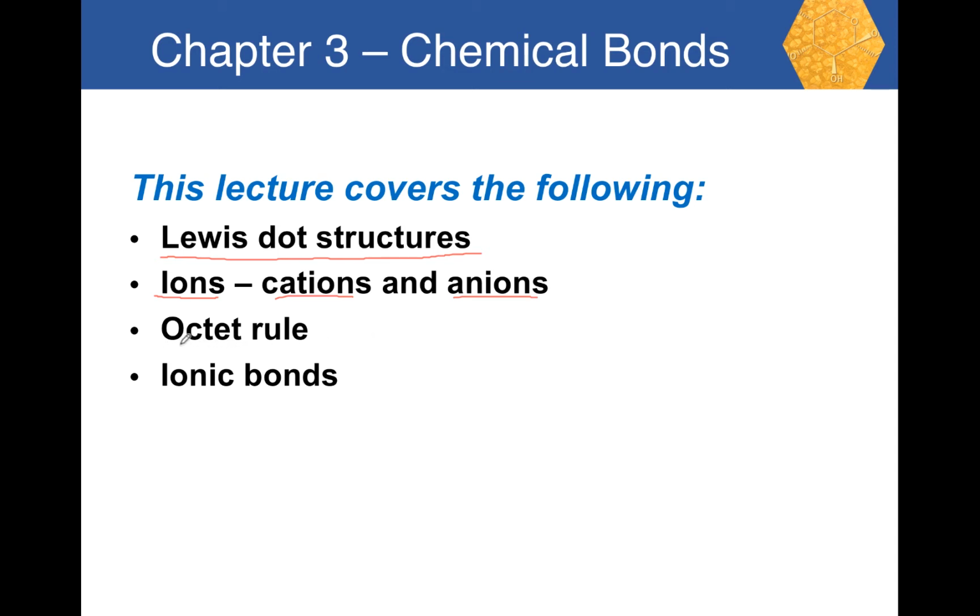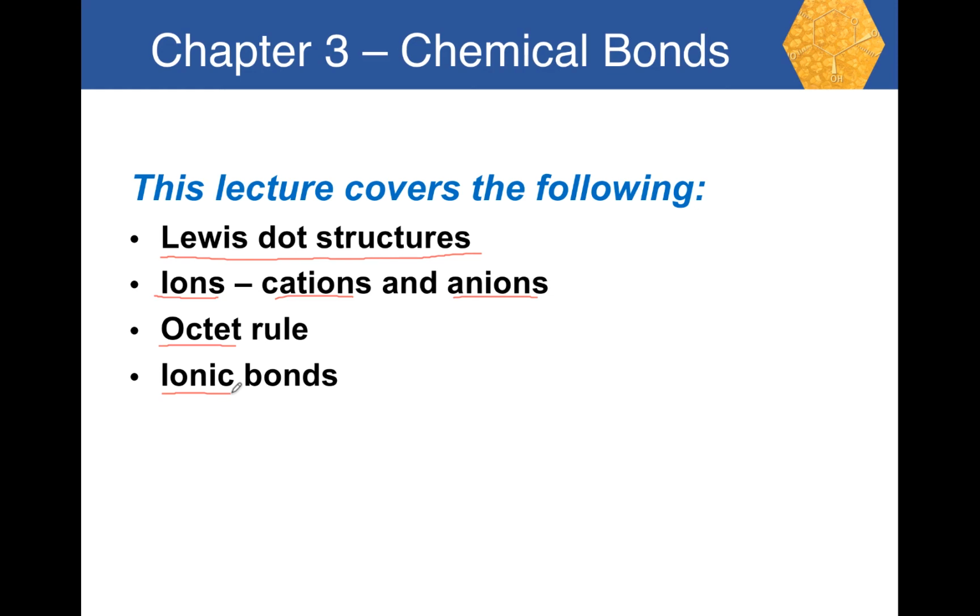We look at a rule here called the octet rule. As you can imagine, the octet rule deals with 8. What we'll see later on is that it's a rule that states that there should be 8 electrons around atoms when it comes to forming molecules. And lastly, we look at ionic bonds.